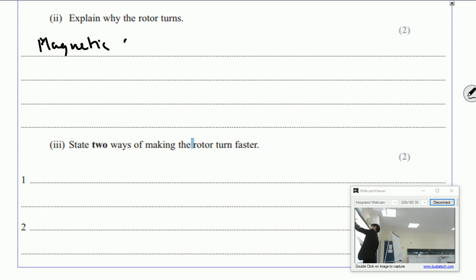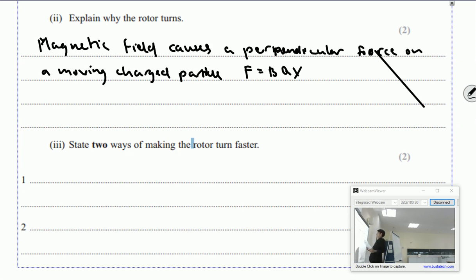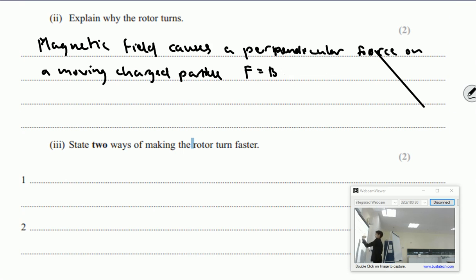The rotor tends to cause the magnetic field. Well, is there a more appropriate equation for this scenario?